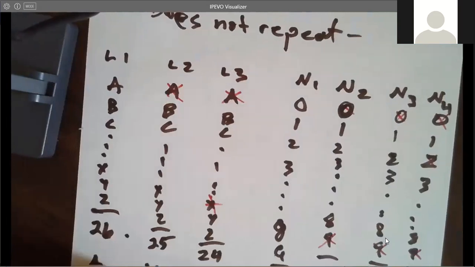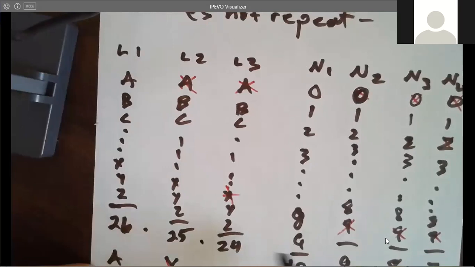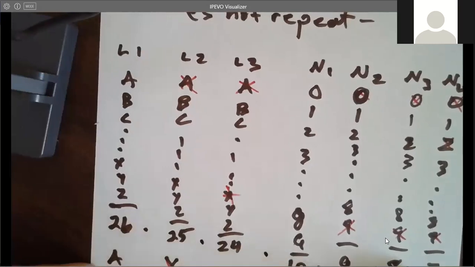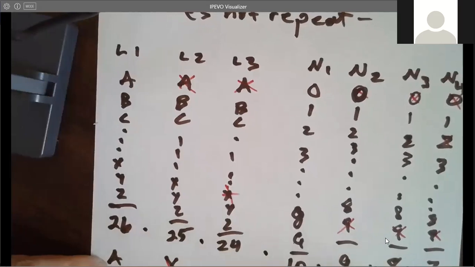So we're multiplying each one of these. So this would be 26 times 25 times 24 times 10 times 9 times 8 times 7. So we multiply all those together on the calculator.